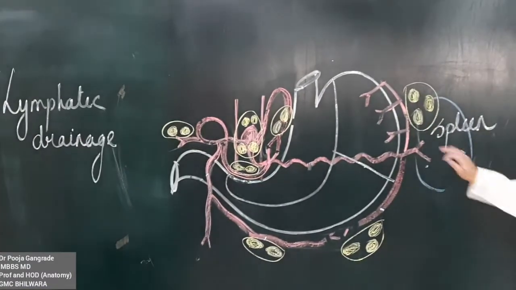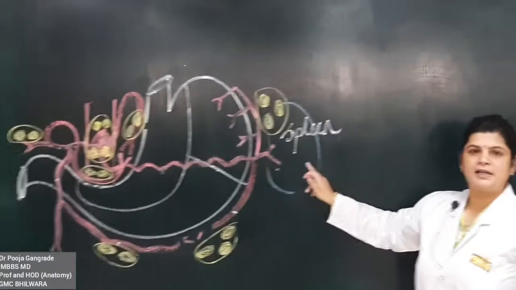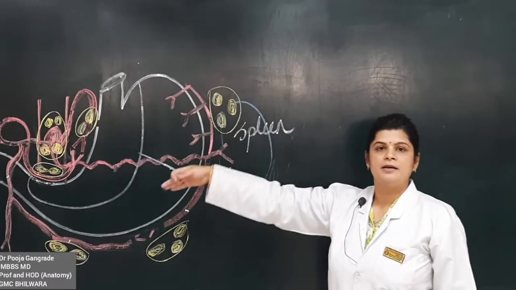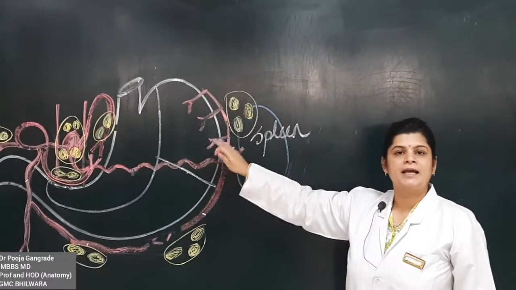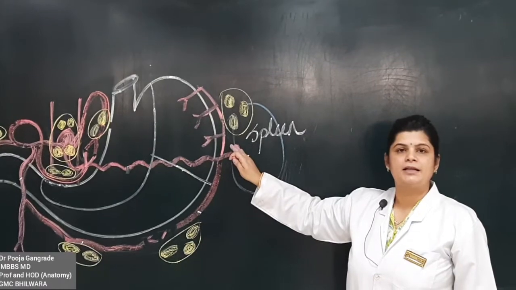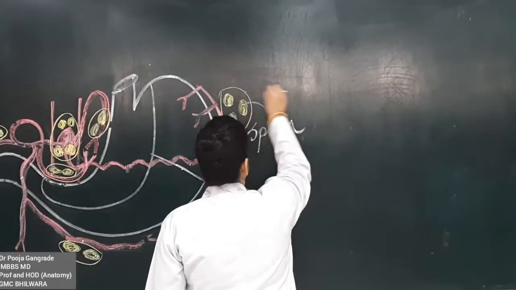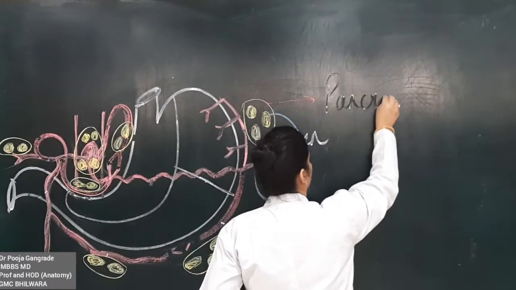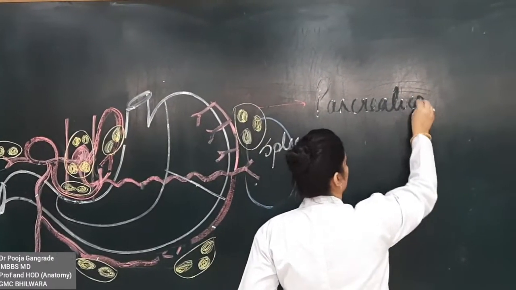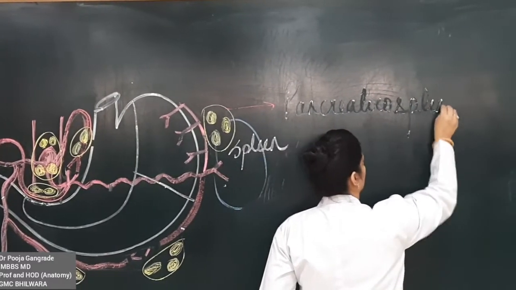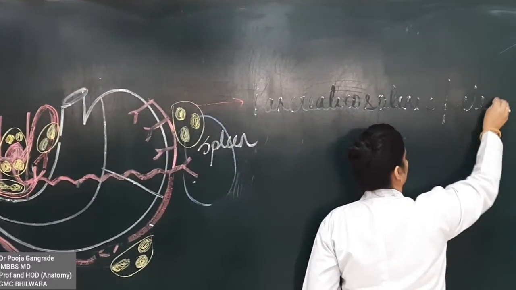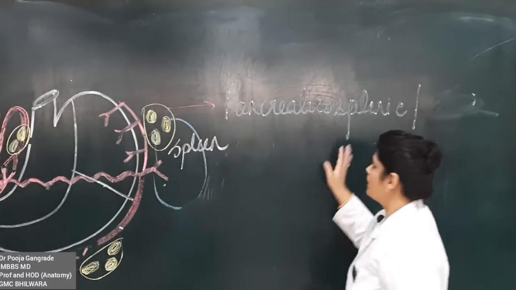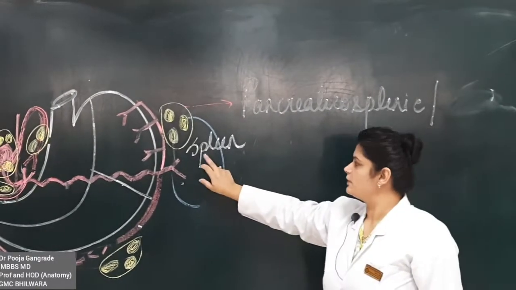See, it is close to the spleen and posterior to the stomach. In the stomach bed we had the pancreas. So pancreatico-splenic group of lymph nodes.